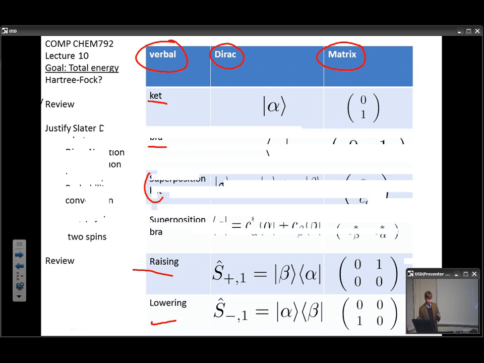Since the spin state of a single electron, a single spin, has two possible values, it is a two-dimensional space. Therefore, it is a two-dimensional vector.